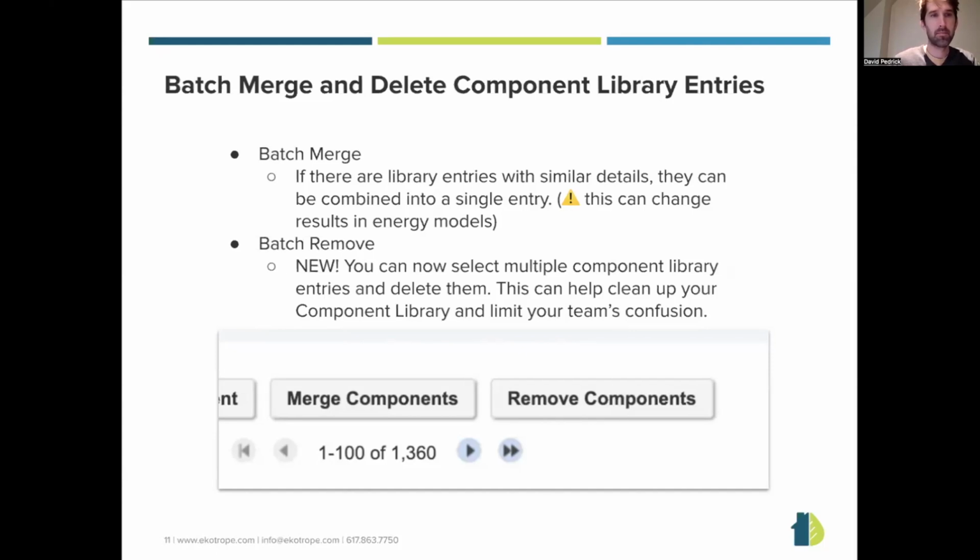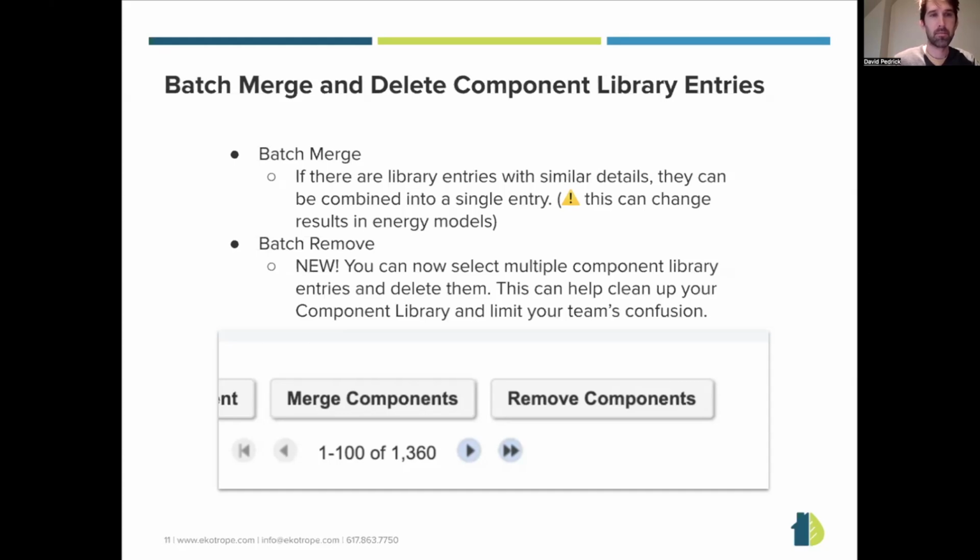And basically, when you do that, you select multiple components and select merge, and then it asks you, okay, which one is the kind of master component that you'd like to merge these into. But be cautious because this can change results in energy models. If this component is in energy model X, and then that component gets merged and it slightly changes its inputs, that will change the results in energy model X. So it's something to be cautious about.